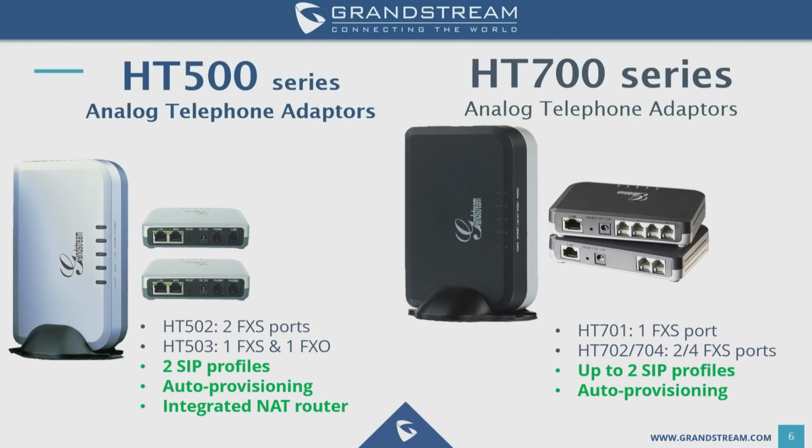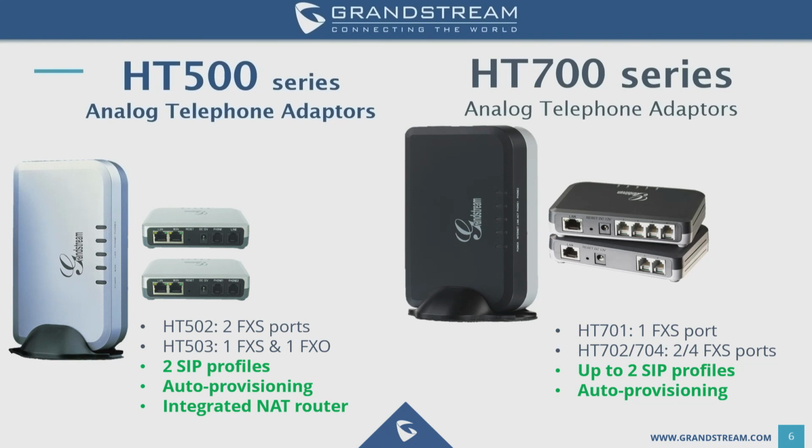The question I always get there is, how can an analog phone support HD audio? Basically, our ATA is able to optimize and increase the clarity and strength of the signal, though the phone might not be able to actually support the G722 wideband codec. We also support gigabit speeds on the HT800 series.